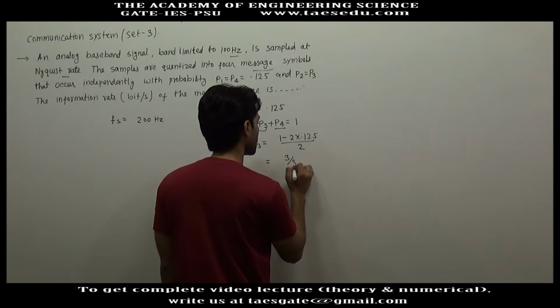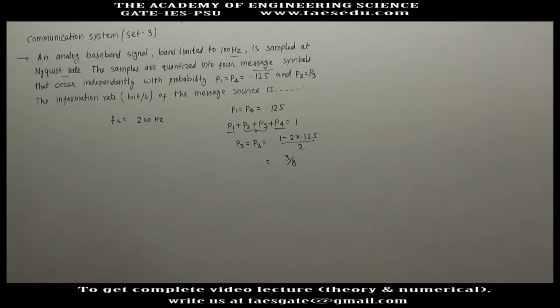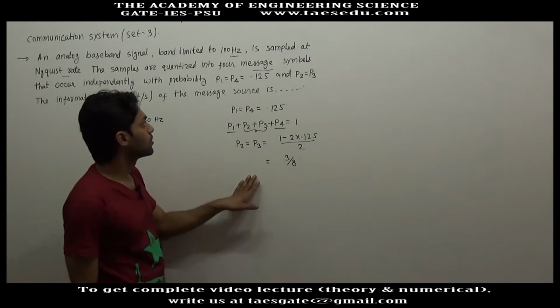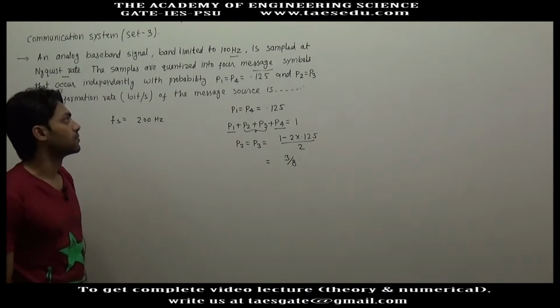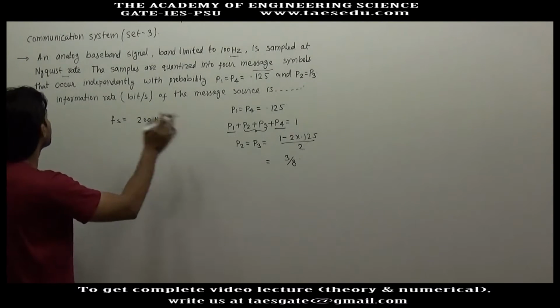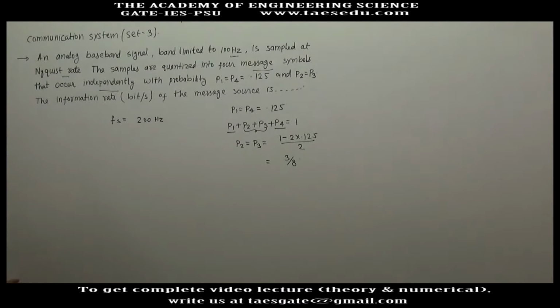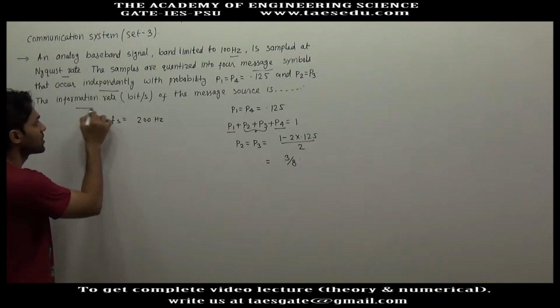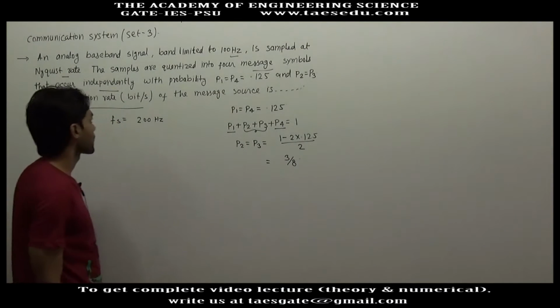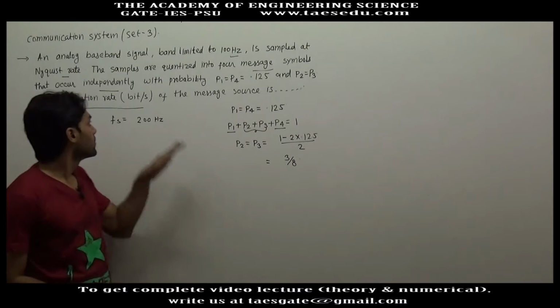This will be 3 divided by 8. So we have the probability of all the message symbols, and these message symbols occur independently. We have to find out the information rate of the message source, in bits per second.